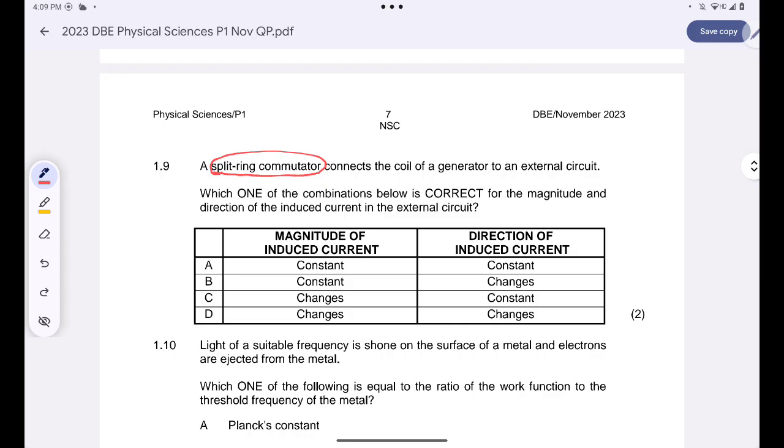So in this case, the possible answers are C and D. Why? Because the magnitude of the induced current changes. Are you together? And then now let's look at the direction of current. The only answer that makes sense is C. Why? Because it does state that the direction of current does not change. The split ring commutators are the ones that influence the direction of current not to change.